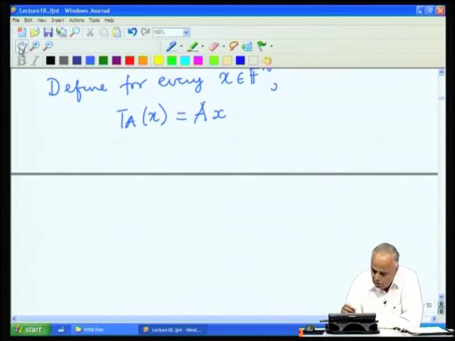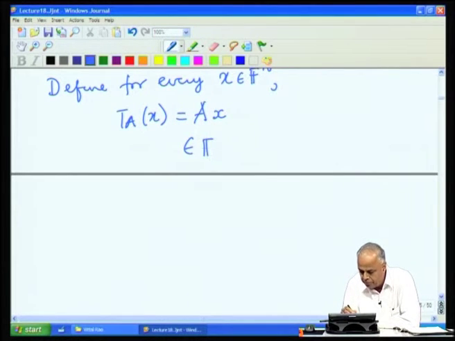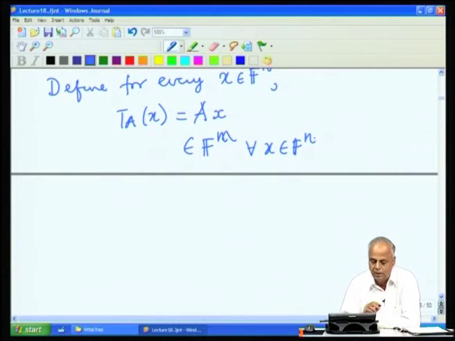Now, we know that A is an m by n matrix, x is an n by 1 matrix. So, the product will be an m by 1 matrix. So, it will belong to Fm. So, this belongs to Fm for every x in Fn. Therefore, this is a transformation which converts the Fn vector x to the Fm vector Ax.